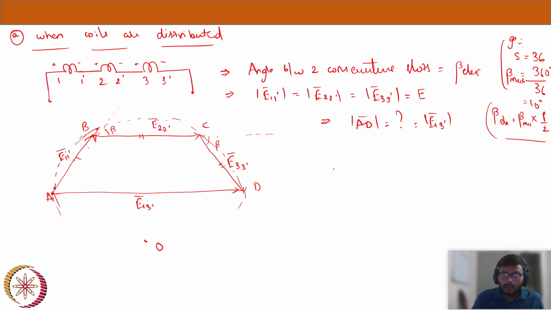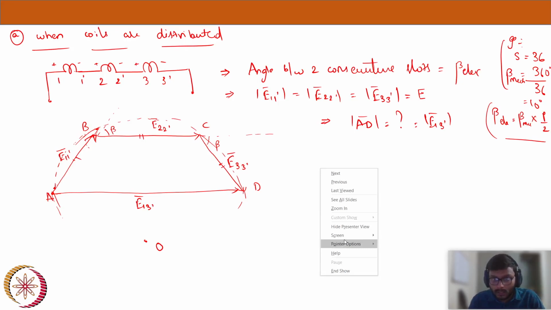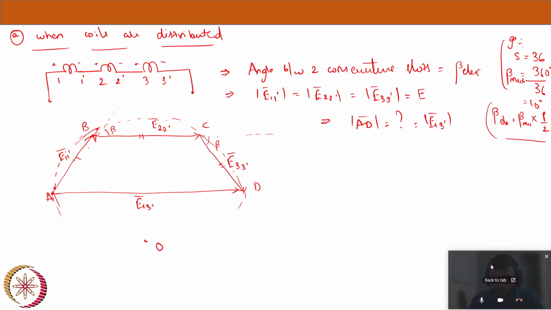Let me take some other color. Now let's draw a perpendicular OM onto this resultant from O. This is M. So this is a perpendicular we have drawn from the center of the circle, OM, and this is nothing but the radius.